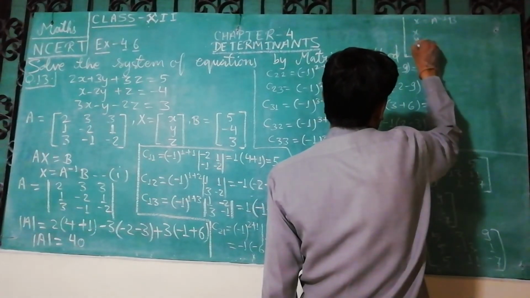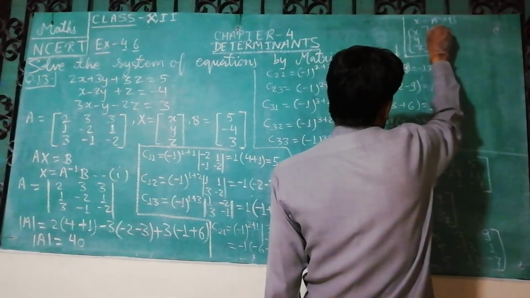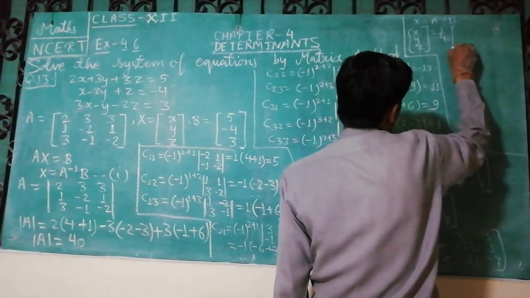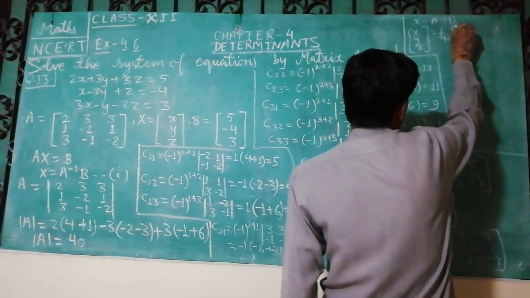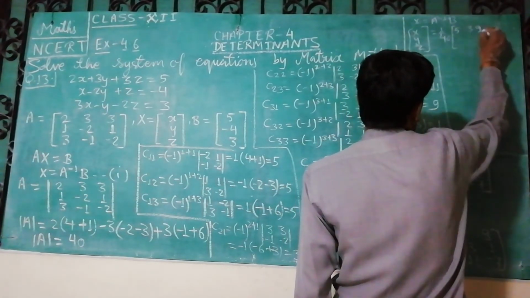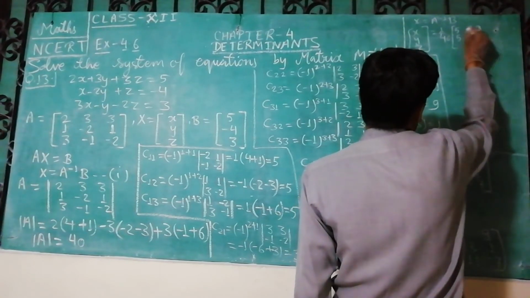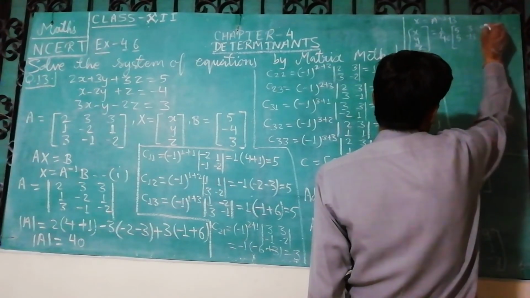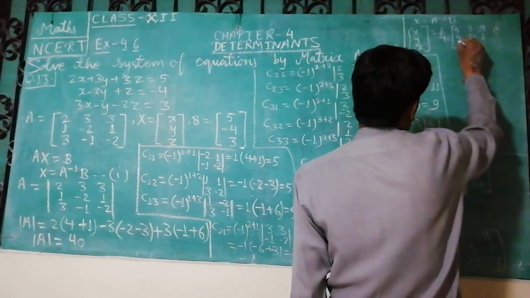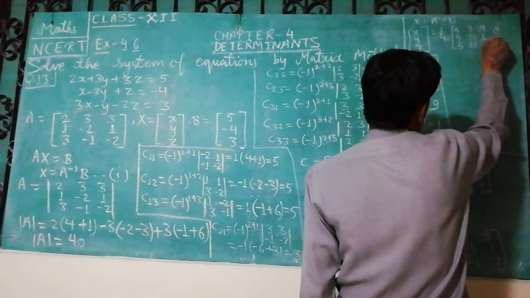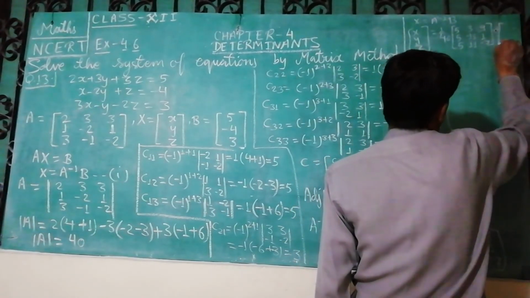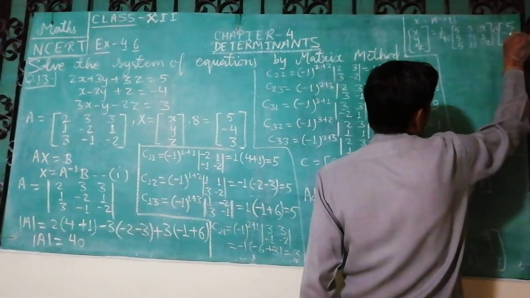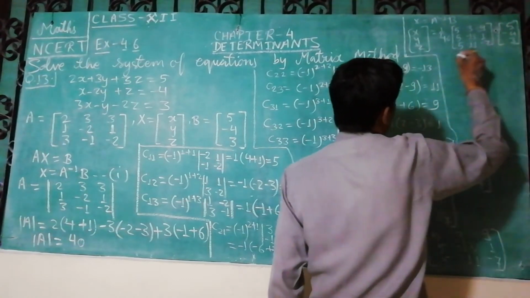X, y, z is equal to 1 by 40 into the matrix 5, 3, 9; 5, minus 13, 1; 5, 11, minus 7. And what is the value of B? See, the value of B here is 5, minus 4, 3. Now let us multiply it.